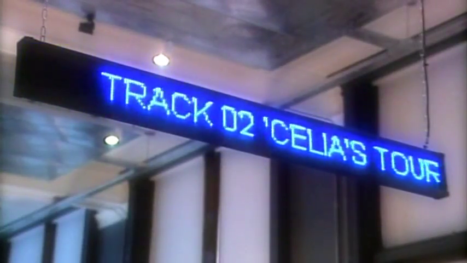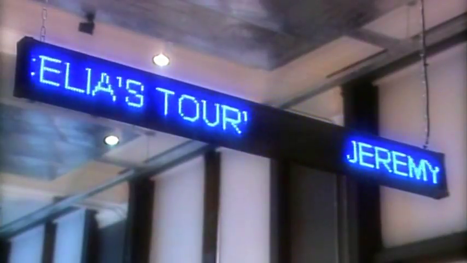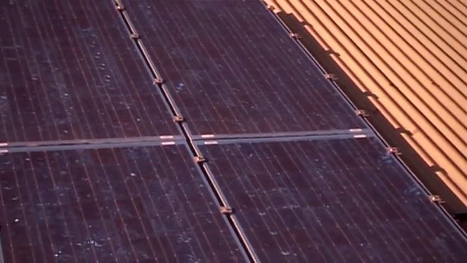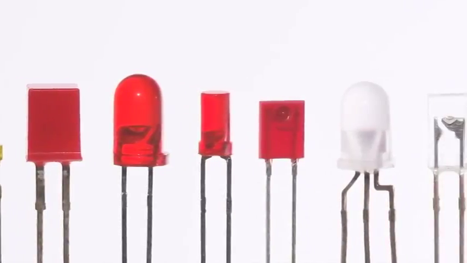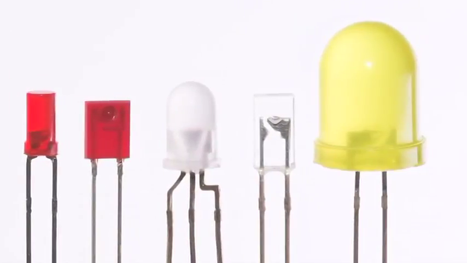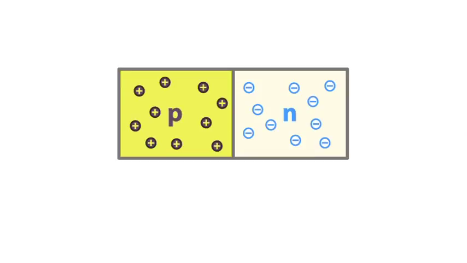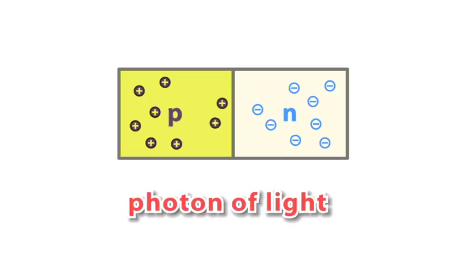There are many different types of diodes, such as light-emitting diodes and photodiodes. LEDs, or light-emitting diodes, emit visible light. In all diodes, whenever a conduction electron combines with a hole in the P-type material, a packet or photon of electromagnetic energy is released.